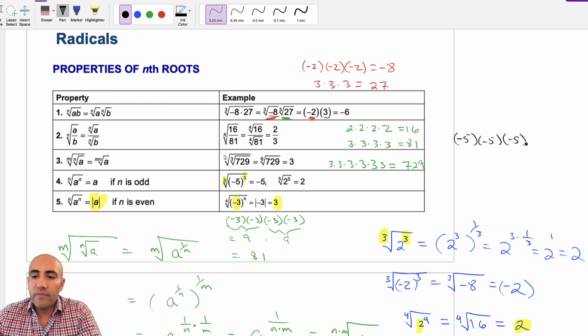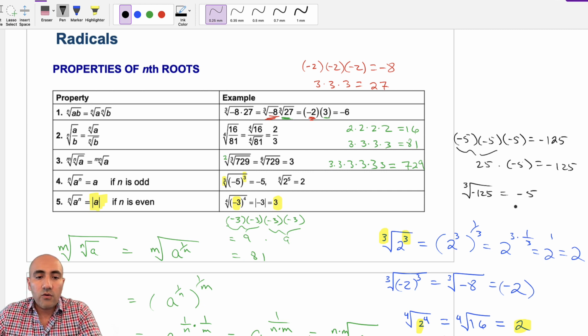Well, 5 times negative 5 makes it positive 25, and positive 25 times negative 5 equals negative 125. And now if I want to find the cube root of negative 125, that's just going to be equal to negative 5. So in this case, it kept it. We started with a negative, and we ended up with the exact same value.